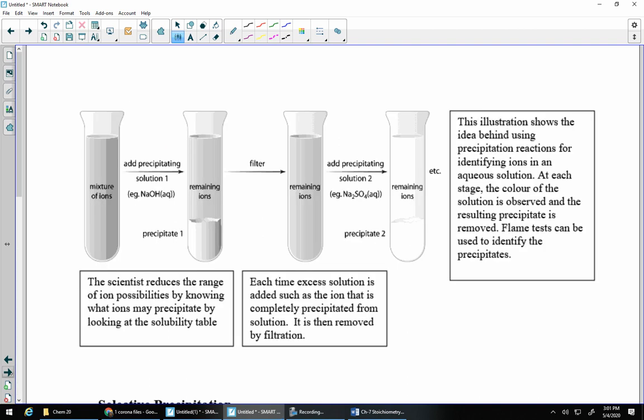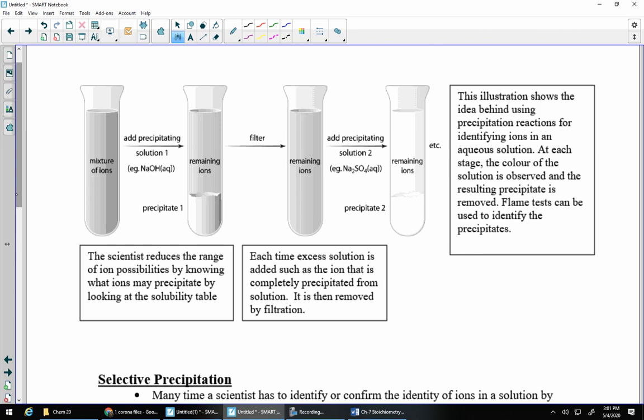So as an example, in my test tube, I originally might have a random mixture of ions. I'm going to add some sodium hydroxide solution. Only some of those ions would react with hydroxide. Remember, sodium is soluble with everything, so it's about the hydroxide. And only some of those things would precipitate out. So over here we've got XOH, and X is just whatever element that is now precipitated out, but we still have some ions left over.